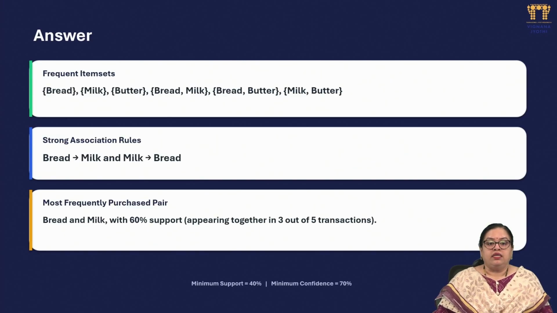Next, the most frequent pattern here is bread and milk with 60% support, appearing together in 3 out of 5 transactions. In the previous example we got 3 combinations with more than 4 values, meaning 44.4%, and in this data set it is more, with 60% support.